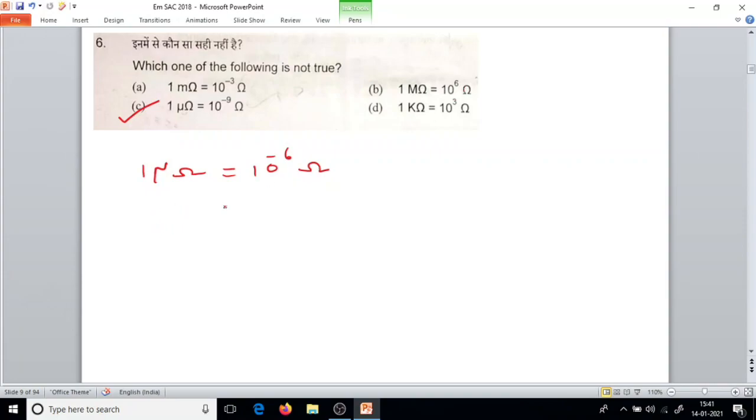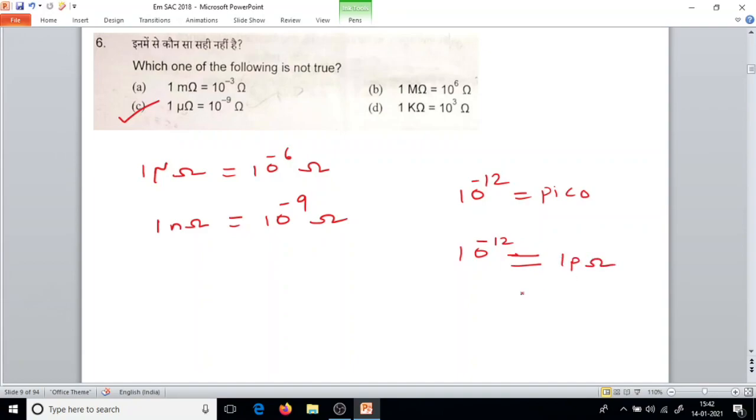Then 10 to the power minus 9 ohm, this is 1 nano ohm. What is 10 to the power minus 12? That is pico, so 10 to the power minus 12 ohm is 1 pico ohm.